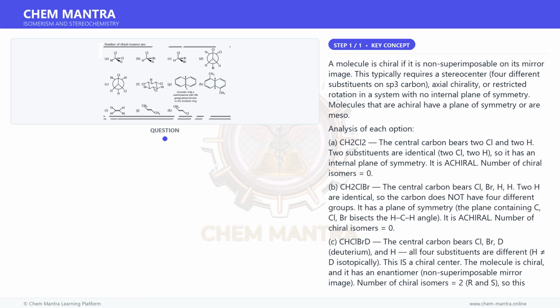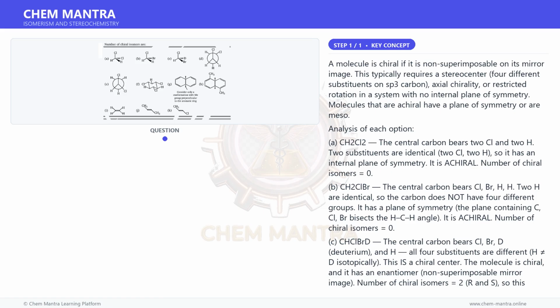Given the specific Newman projection shown represents a single conformation, one must check 1,3-dichlorocyclohexane. The cis form has a plane of symmetry, achiral, meso-like. The trans form is chiral. The drawn structure appears to represent the cis isomer, both Cl on the same side or arranged symmetrically, making it achiral. Number of chiral isomers equals 0.